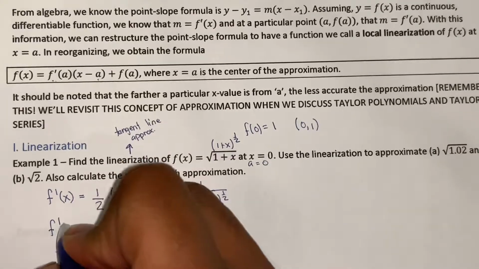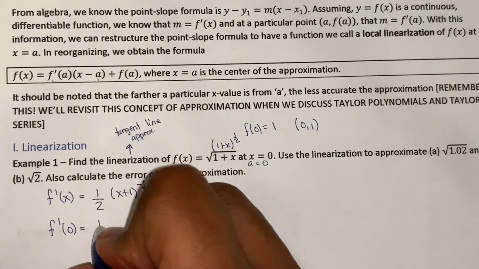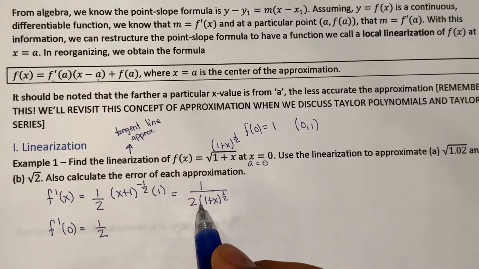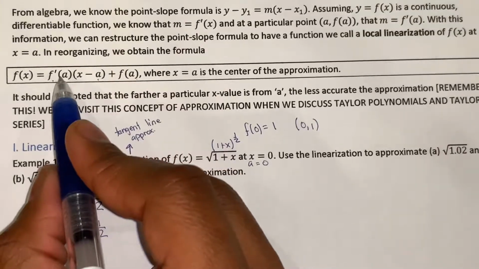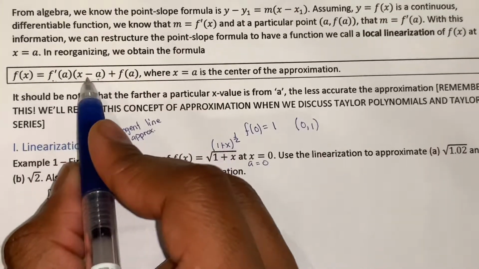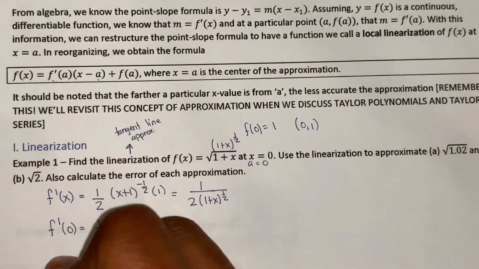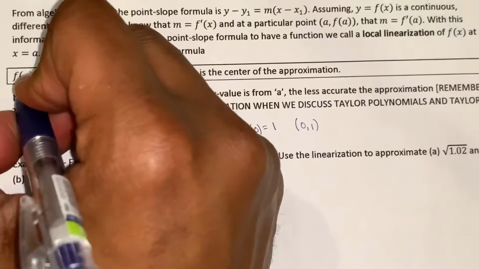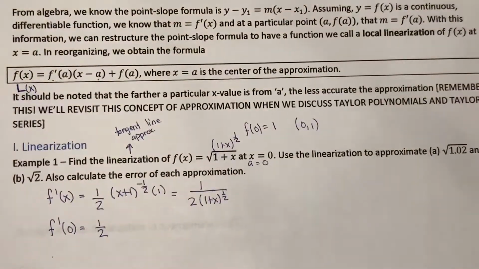So f prime of 0 is 1 half, because the square root of 1 is 1 times 2 is 2, so we get 1 half. To put this in the form of f prime of a times x minus a plus f of a, in the place of f of x we're going to have L of x for our linearization.